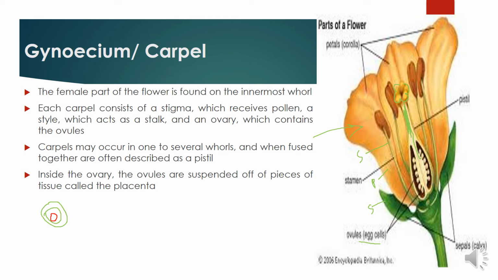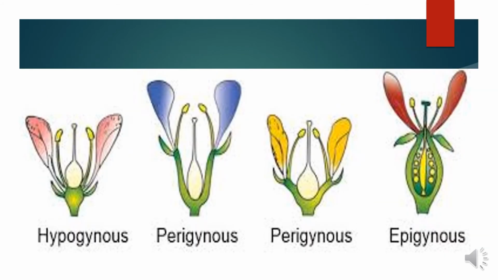So this is the transverse section, how the gynoecium looks. Position of the gynoecium with respect to the other whorls in the thalamus. Now, hypogynous: when the gynoecium is present above the rest of the three whorls.